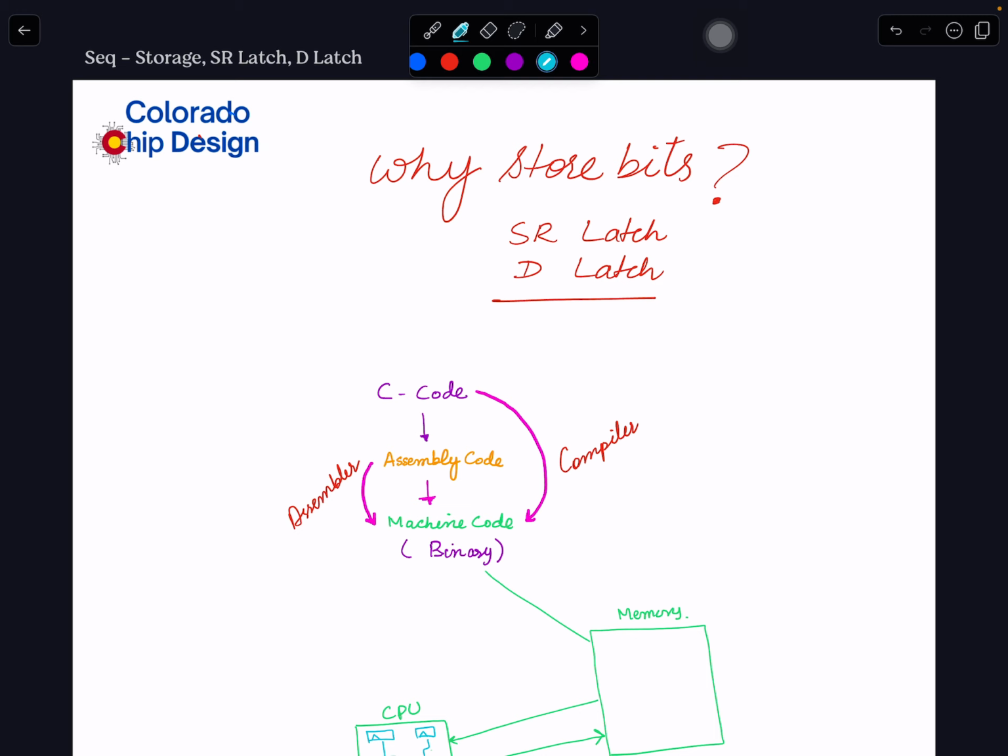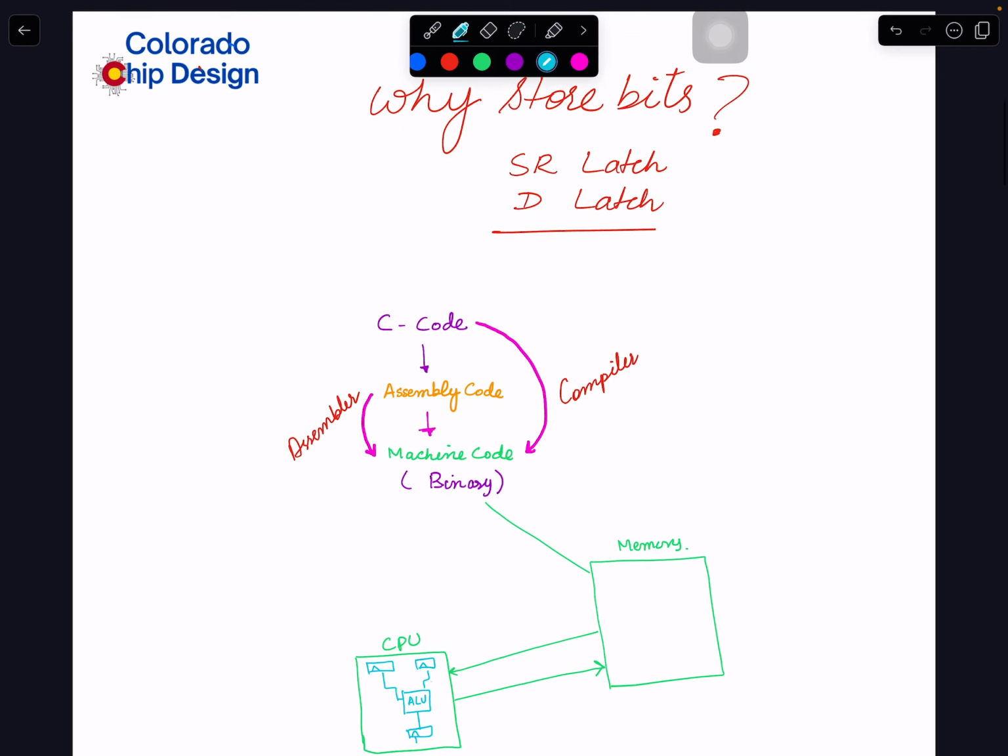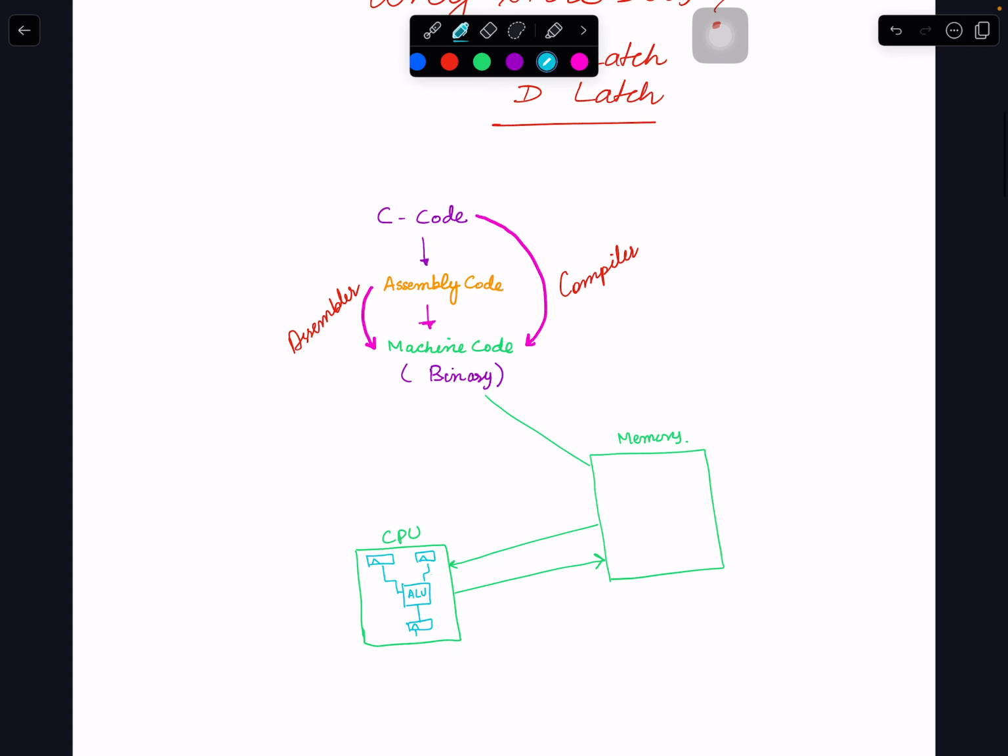Sequential circuit or storage elements. I already mentioned in previous lectures why we need them, and you have seen the importance of that, because I regularly talk about how our code is inside the memory, and from the memory the data that we need to process we bring into a register.